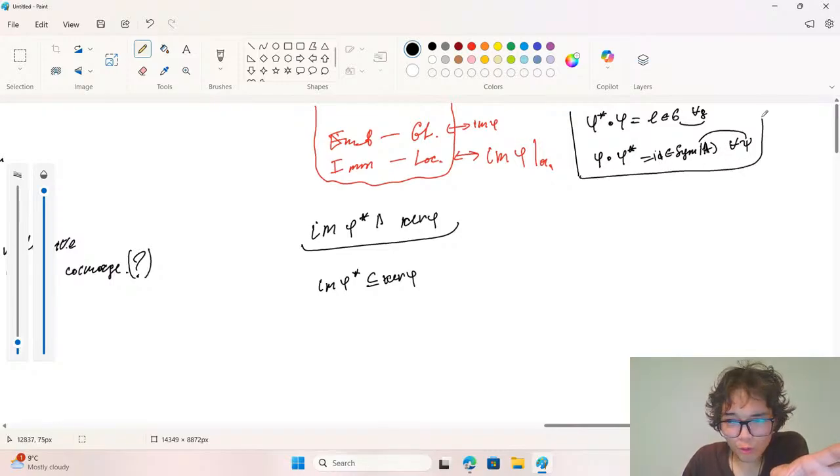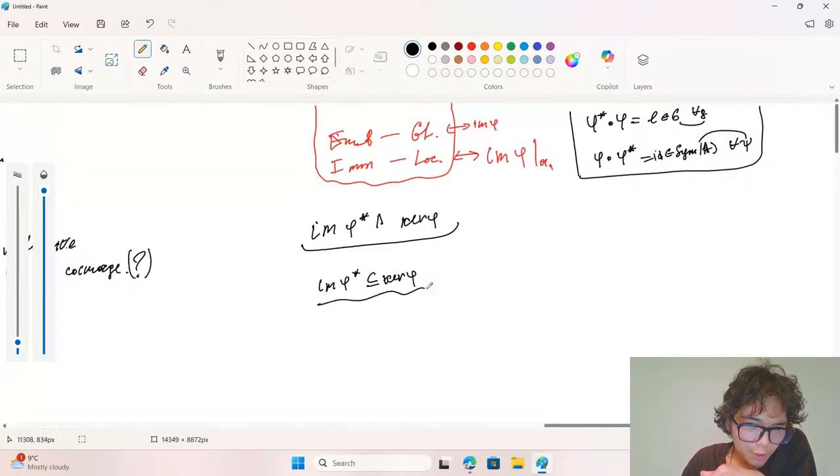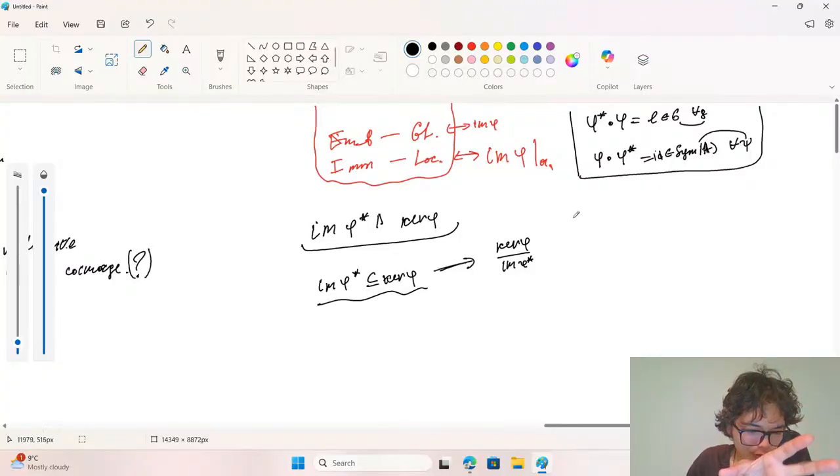But maybe it's okay if I define it like this. If so, I can measure how much the kernel of phi differs from the image of phi star. I can see how much it fails to be equal, to be trivial.